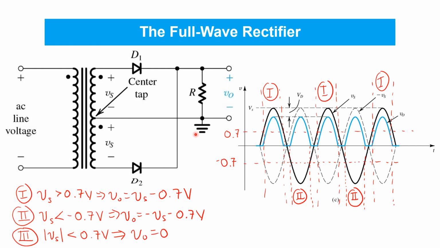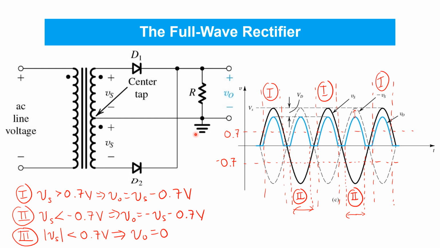Negative Vs is plotted on the same axis here as the faint dashed black sinusoidal voltage, so that you can clearly see that during these time windows identified with the numeral 2, the output voltage plotted in blue follows the input voltage, but again shifted down by 0.7 volts.